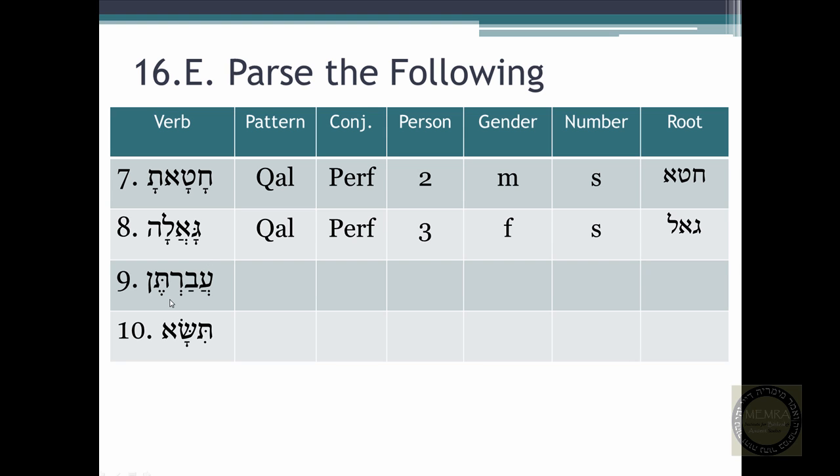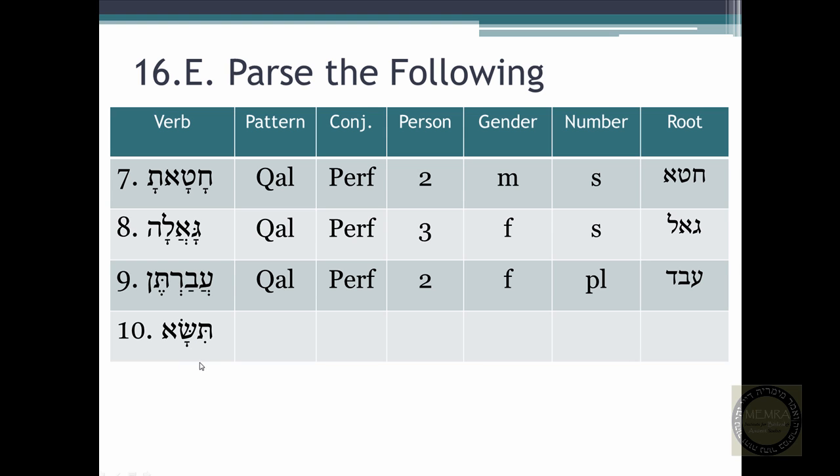Avarten. Is there a prefix? No. That means we have a perfect form. Qal perfect, second feminine plural. And we have tisa. Again, a tricky one. Is there a prefix? Yes, there is, because this comes from a first nun verb. When you see the dagesh in the consonant right here after what could be a prefix, you should be thinking, do we have a first nun?